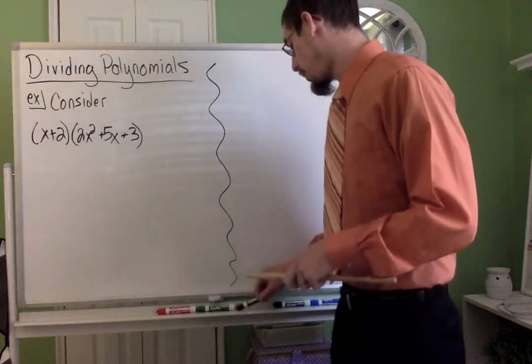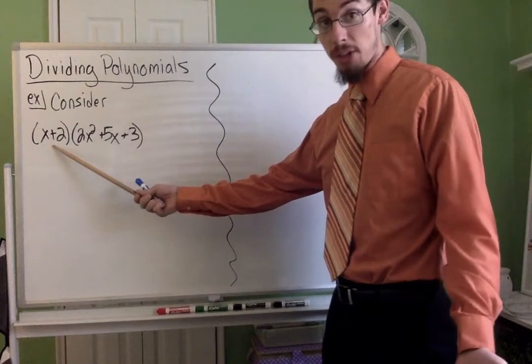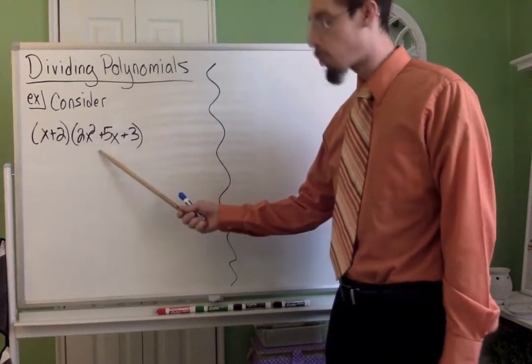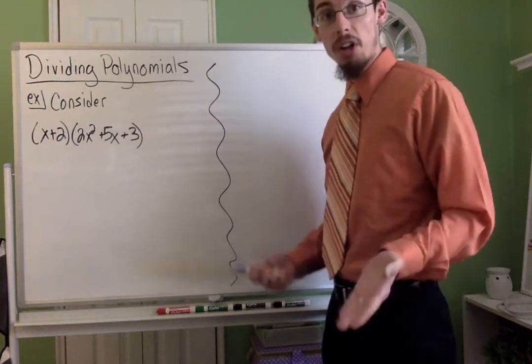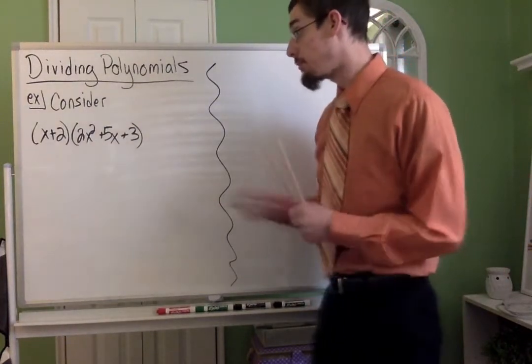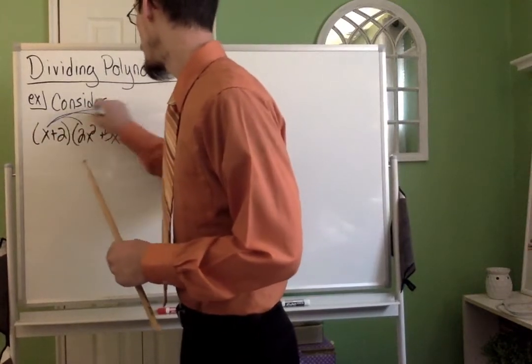So the first thing we're going to have to do to multiply the binomial x plus 2 with the trinomial 2x squared plus 5x plus 3, we're going to have to distribute, right? So I distribute the x.